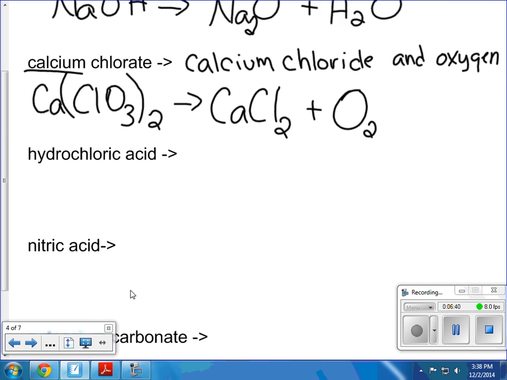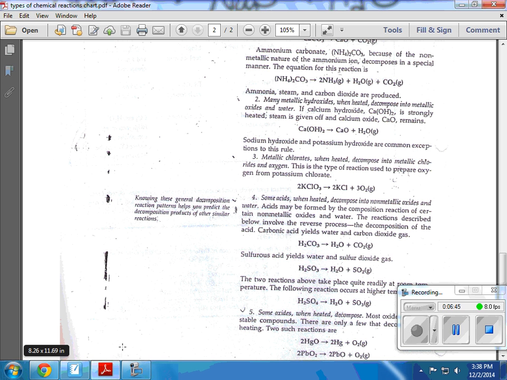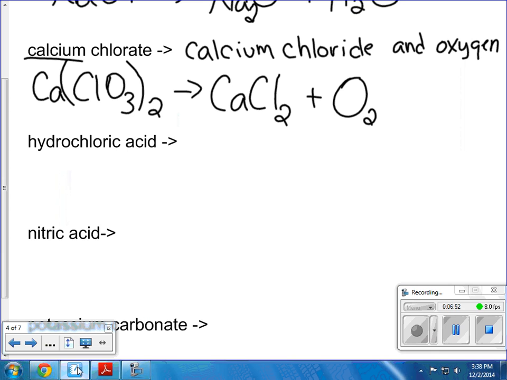All right, our next one is an acid. So looking back at our chart, some acids, when heated, decompose into non-metallic oxides and water. So we need to make a non-metallic oxide and water. So hydrochloric acid, this one kind of helps if we write the formula out first. A non-metallic oxide. Chlorine is our non-metal, so it's going to make chlorine.